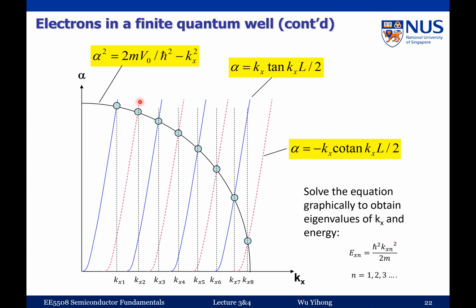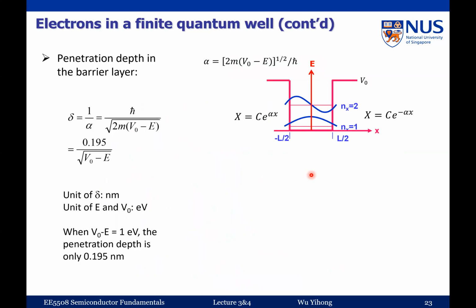This kx2 basically is from the second group of equations, the second pair of equations, right? After that, you have kx3 and then kx4, right? So from here, you get this one. Okay, and that's how you can solve it.